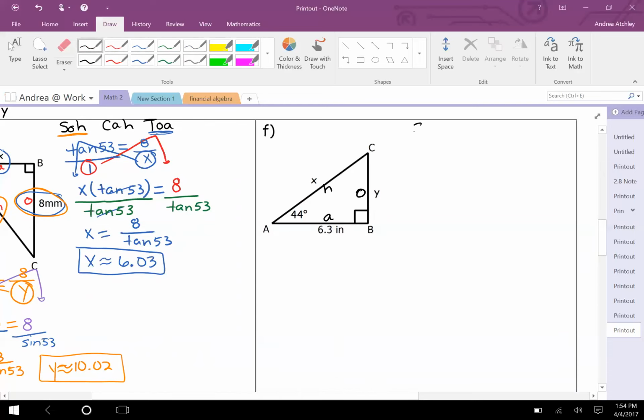We're still dealing with SOH-CAH-TOA. So we're going to find x first. Frank, which two sides are we going to use to find x?